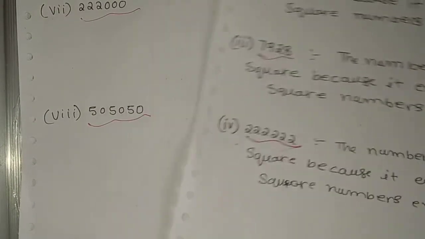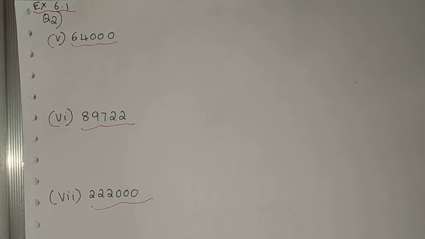Next we move on to the fifth one. In the fifth one we have 64000.